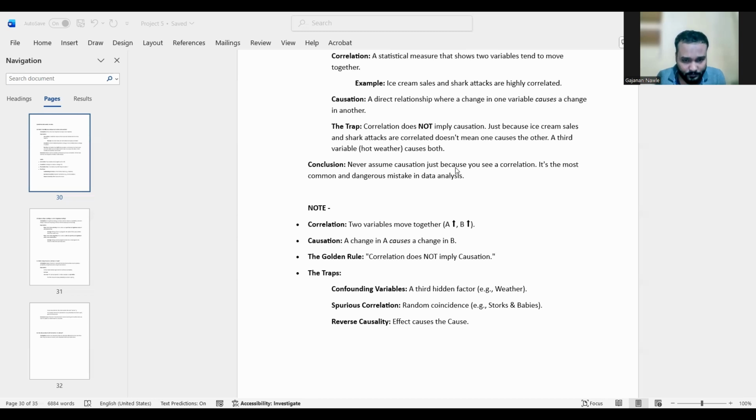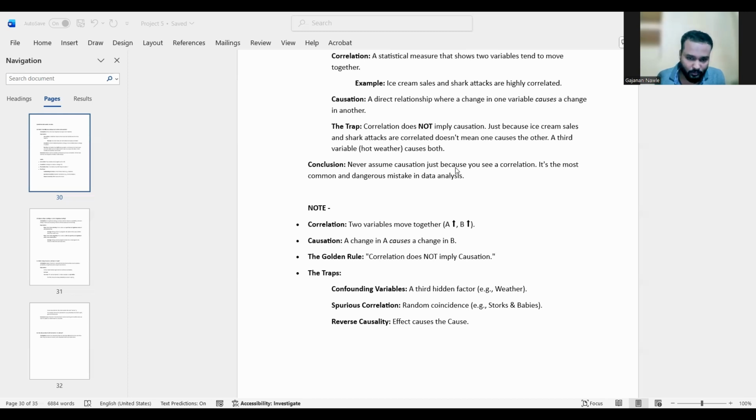So trap number two is spurious correlation. What is spurious correlation? This is when two things are correlated by total coincidence or by history. For decades in Europe, data showed that towns with more storks had more babies. This is actually where the fairy tale came from, that storks deliver babies.